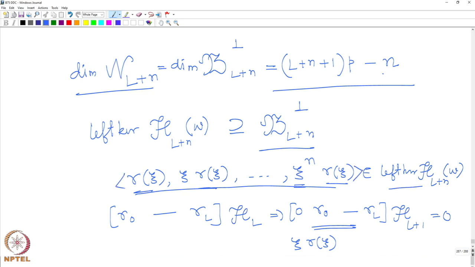Now, if we look at the subspace generated by these guys, that is also contained in the left kernel. Let me just rewrite on the next page, otherwise it becomes a little clumsy.